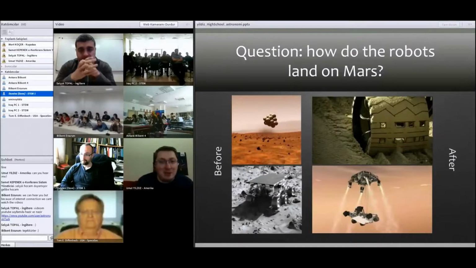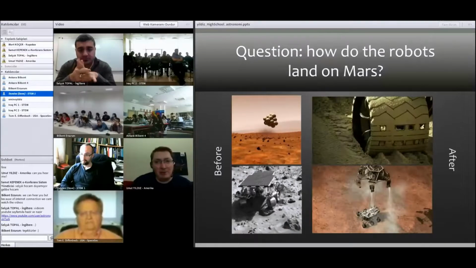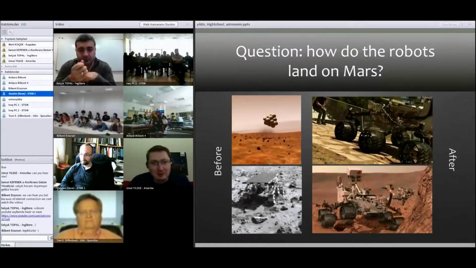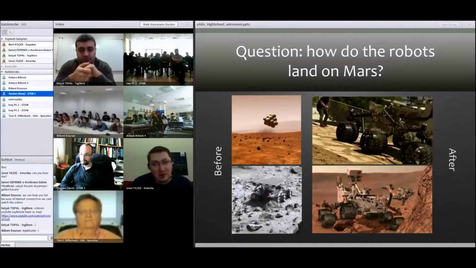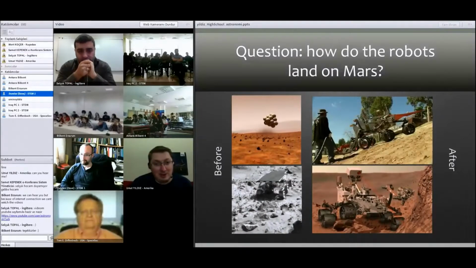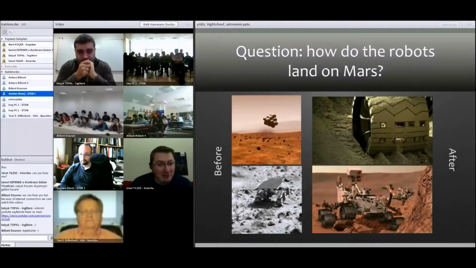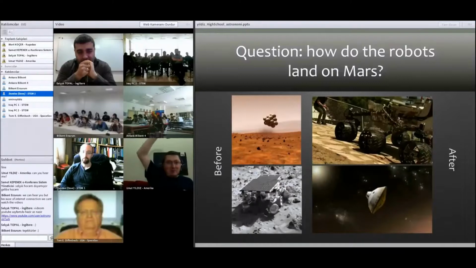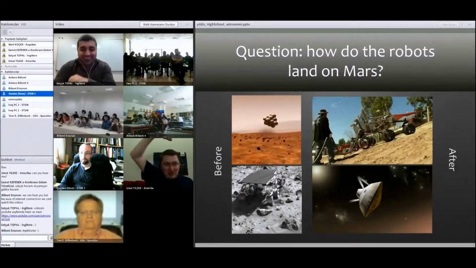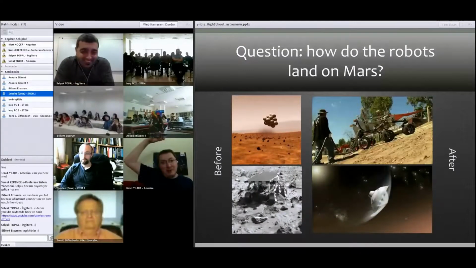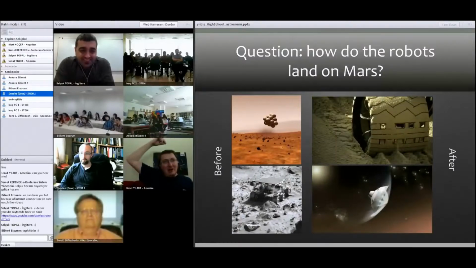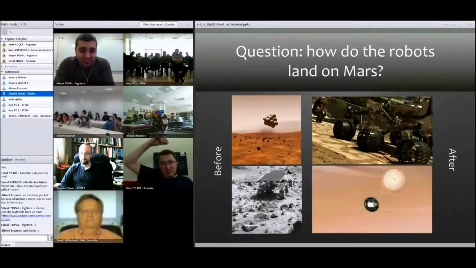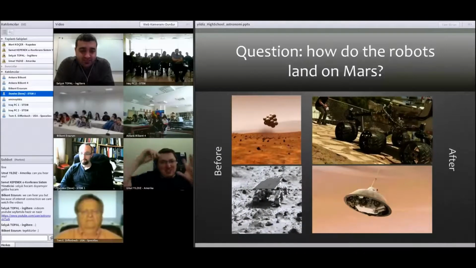But the thing is, right now, if you remember how Curiosity landed about 2 years ago, Curiosity is as big as a car. Can you imagine? You drop a car from space, and then you expect no damage. And the atmosphere of Mars is something like 1/100th of the Earth. So it's a much thinner atmosphere.